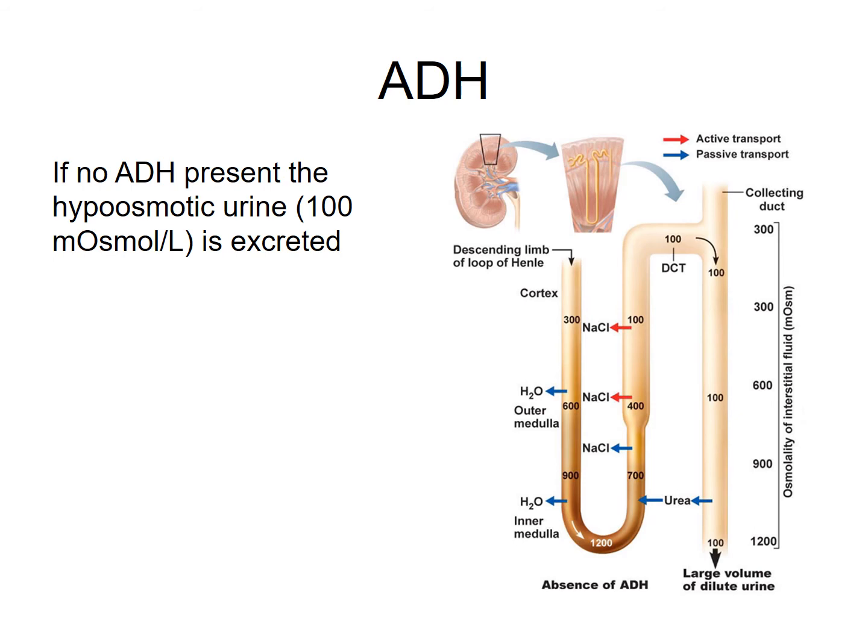So you can think of the countercurrent multiplier as sort of dehydration insurance. You're not going to have to use it all of the time, but that gradient will be there to extract water if you need it. And so if you don't need to extract water, if you're not dehydrated and you don't have ADH present, then you're going to excrete hypoosmotic urine, a large amount of dilute urine.